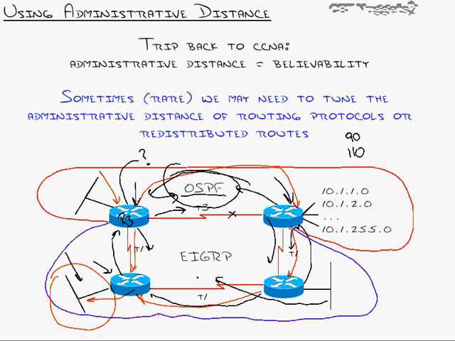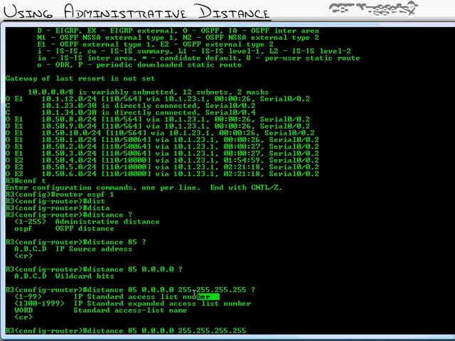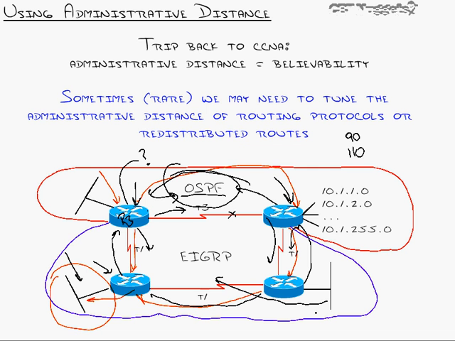So what we would want to do is create an access list that matches just the routes that we want to tune the administrative distance lower on, which in our case would be these routes.